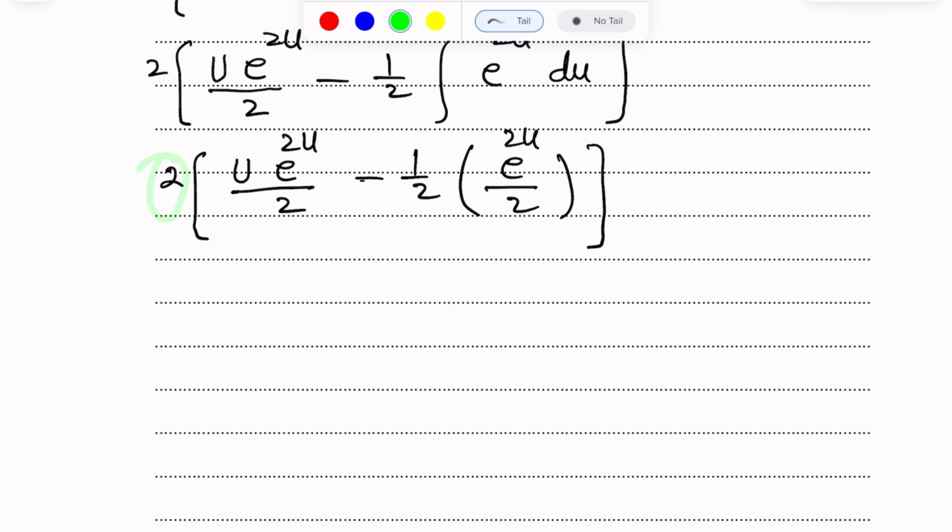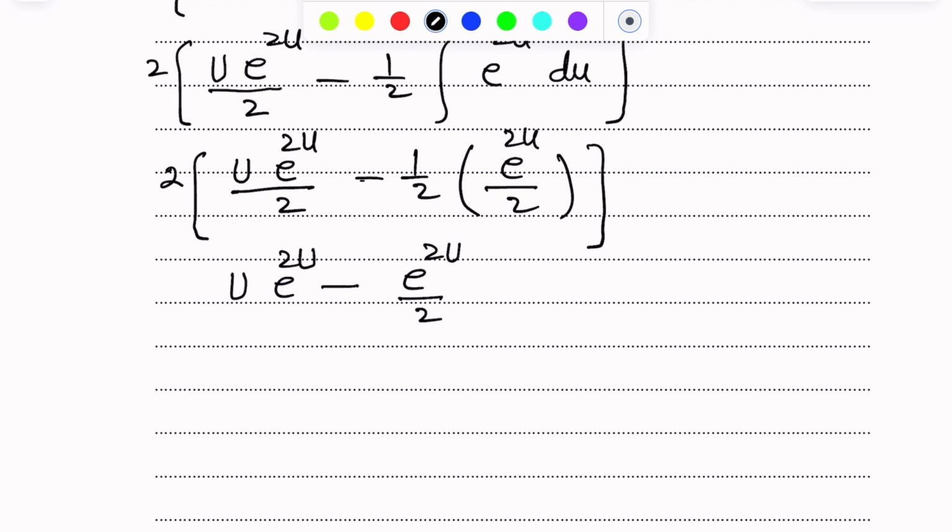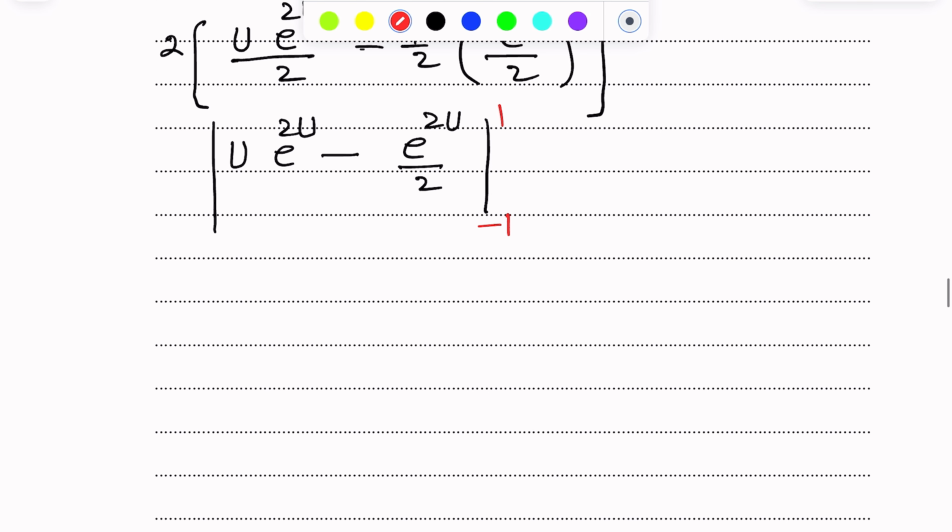This 2 outside the bracket will be multiplied by these two terms. This becomes u e power 2u minus, we are simplifying it, multiplying by 2, we get here e^2u over 2. Now we apply the limits. Lower limit minus 1, upper limit 1.